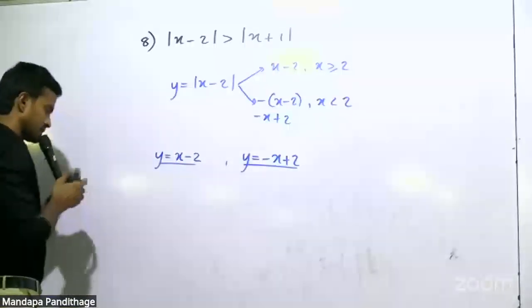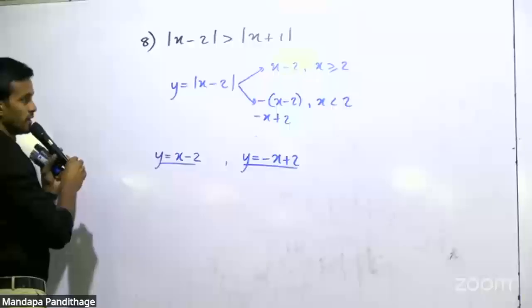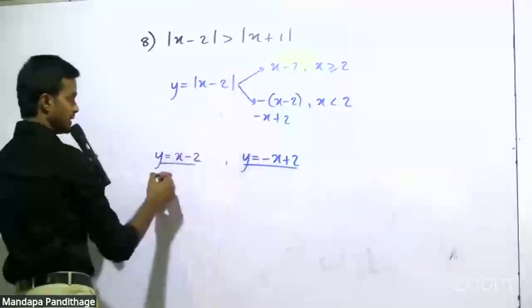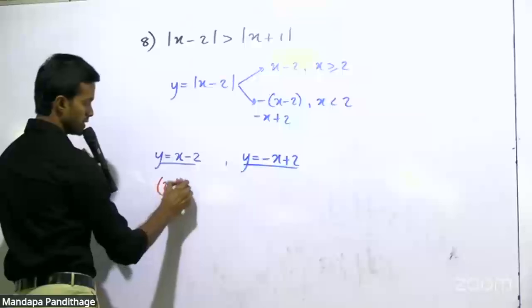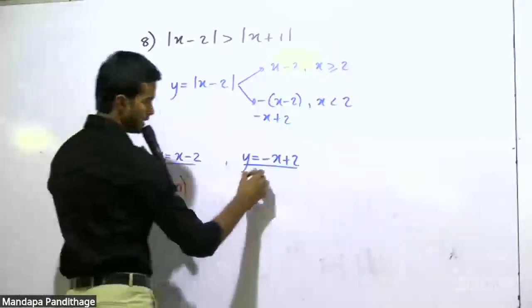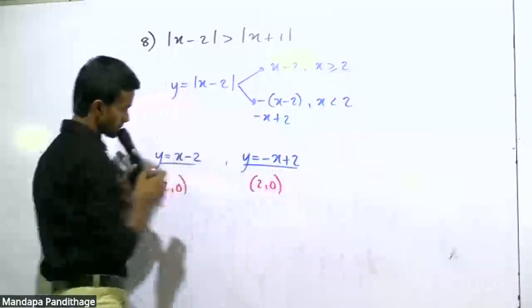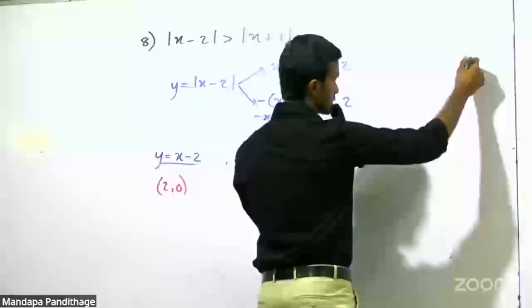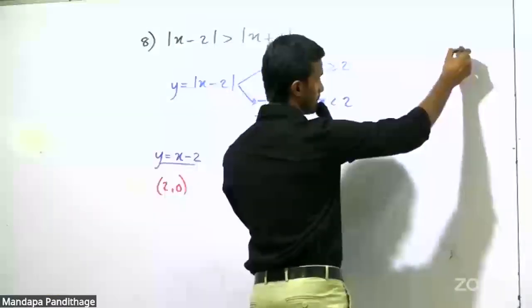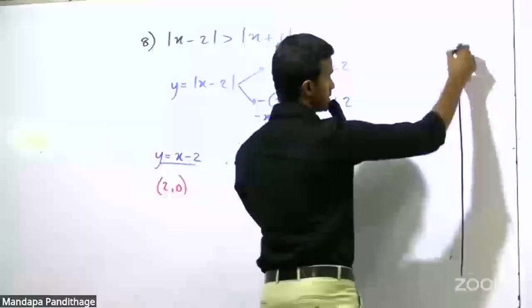Find the turning point by substituting the x value, x equals 2, and you get 0, so (2, 0). And even here you get (2, 0). Okay, now sketch the graph on the same Cartesian plane.